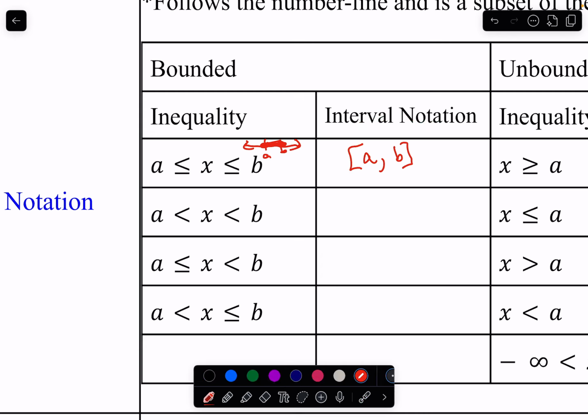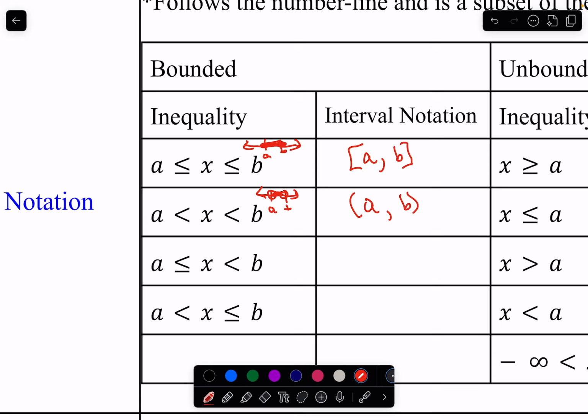So the only difference between the first one and the second one is we should have open circles at A and B here and color everything in. Now, how do you designate an open circle? Well, you would have a parenthesis on the A and a parenthesis on the B. The parentheses mean that we are getting super close to that value, but we're not going to be able to stand there.